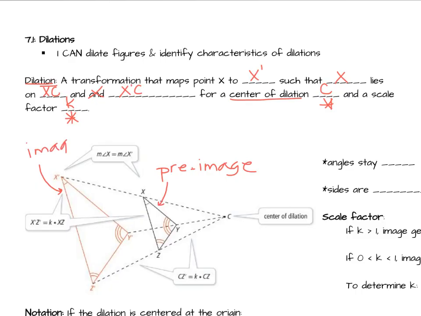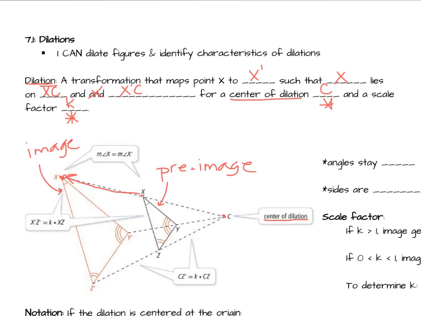So notice we're making the picture bigger. The pre-image triangle is smaller than that final image. I also know that we have point C over on that right-hand side. There's my center of dilation. It's kind of like you're going through C with a laser, and you're going to X on the pre-image and transforming it all the way over to X prime. And all three of them are on the same segment.